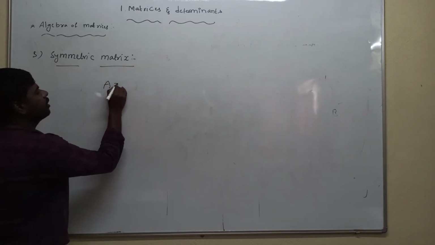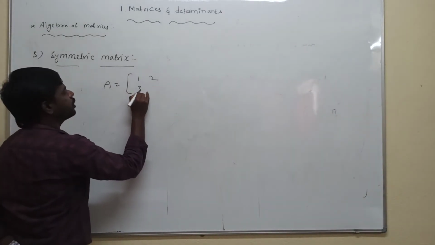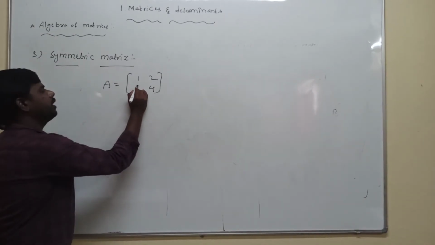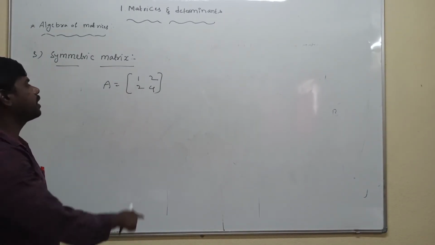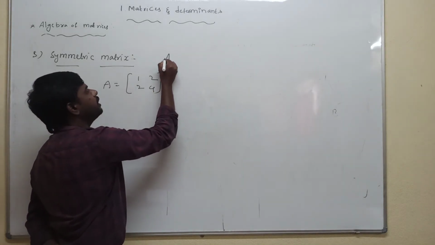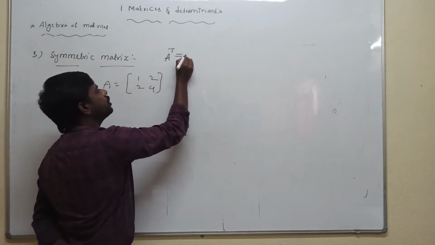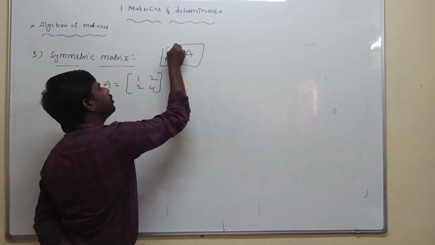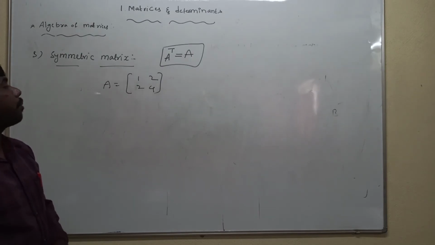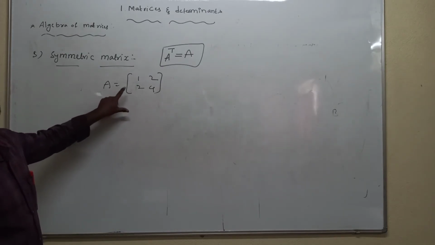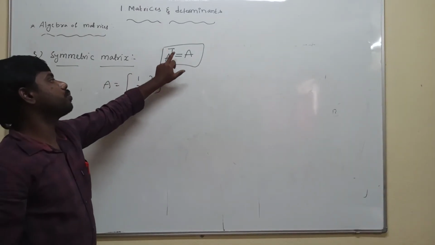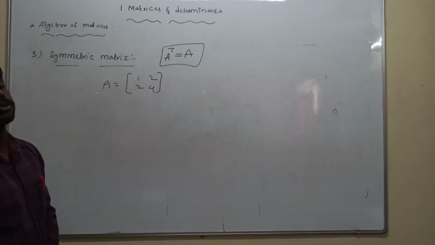A square matrix capital A is called a symmetric matrix if the condition A transpose is equal to A is satisfied. A square matrix capital A is called a symmetric matrix if A^T = A.